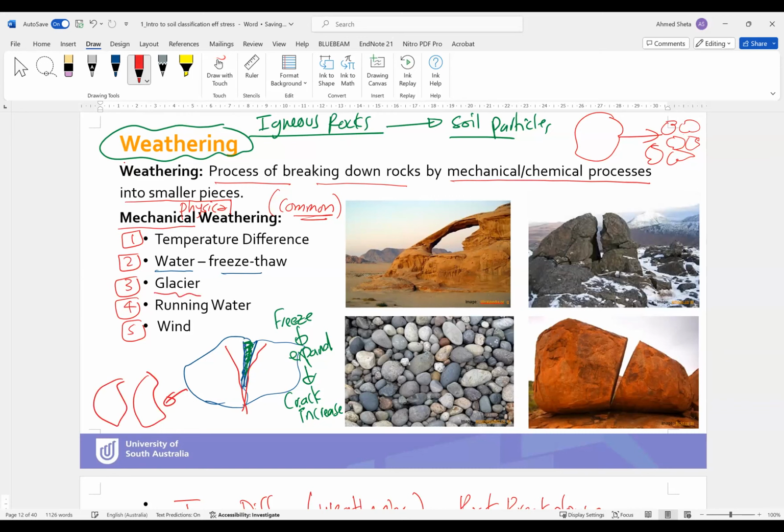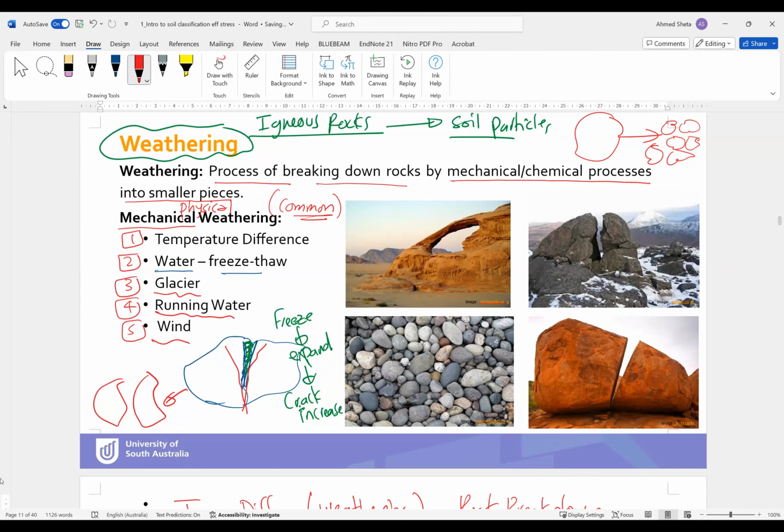And you have glaciers. Glaciers are the snow or ice when it accumulates together. So it can also cause weathering to the rocks. And we have running water and wind. So all of these types of weathering are mechanical weathering or physical weathering.